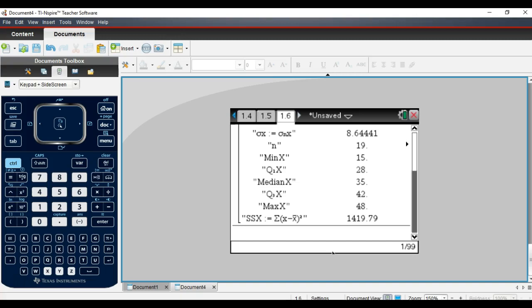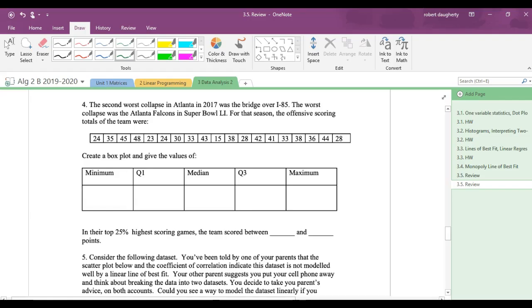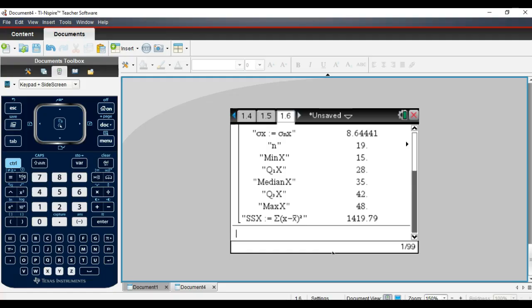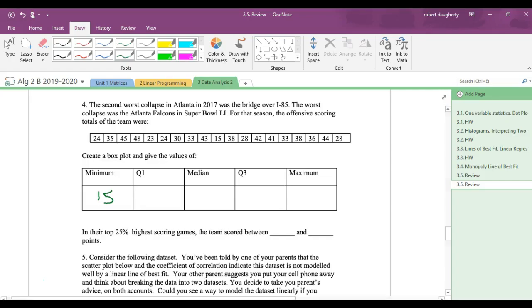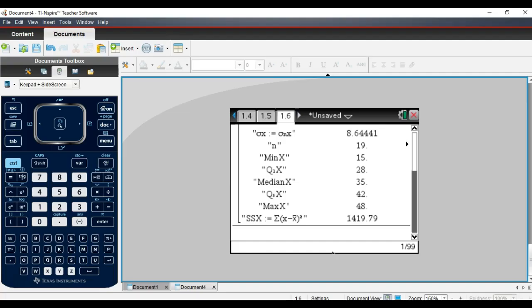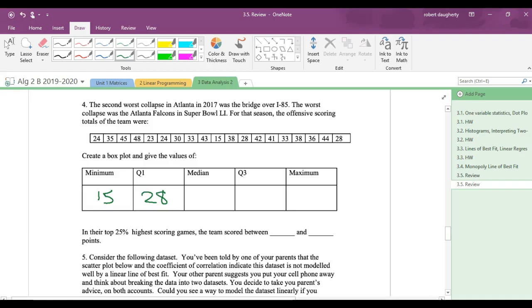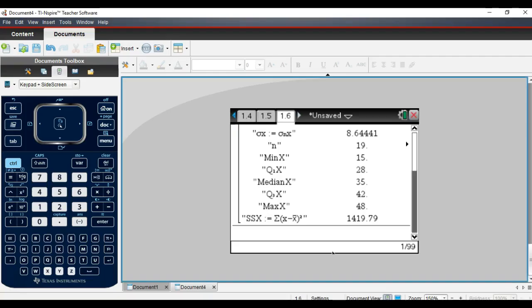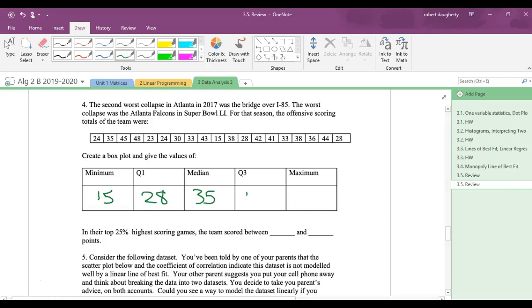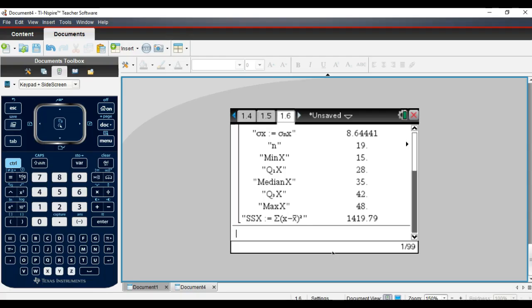So it looks like the minimum is 15, and the quartile Q1 is 28. The median is 35. The quartile Q3 is 42. And the max value was 48.